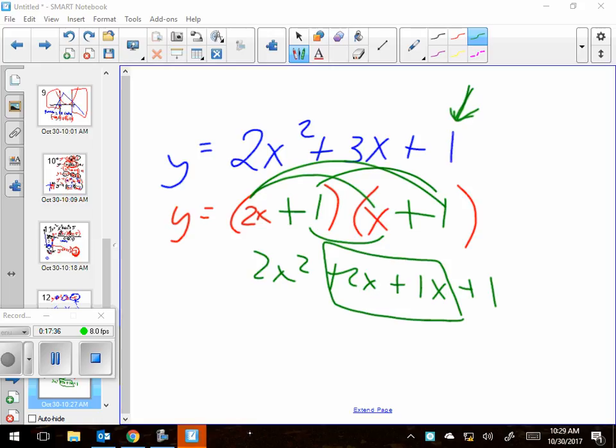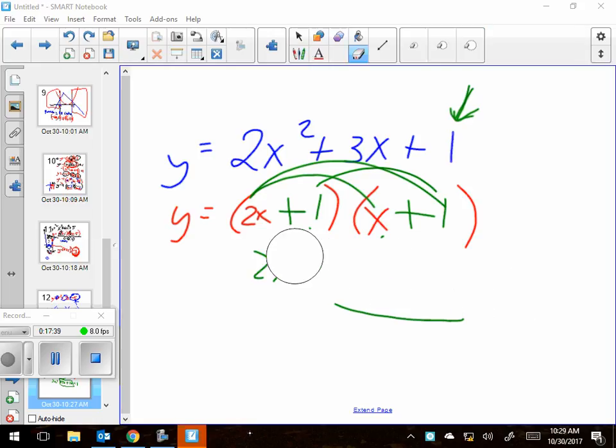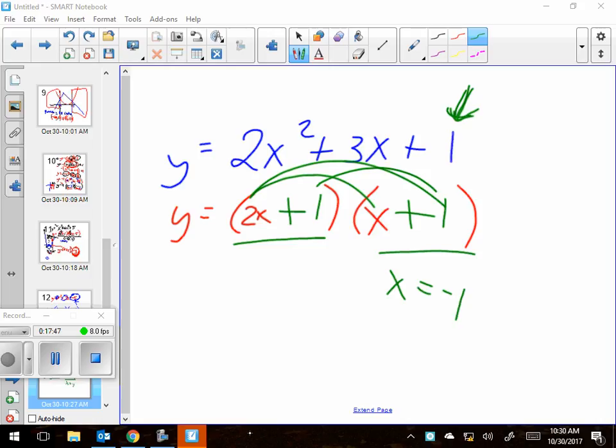And what's good about this form? Now I see something else I didn't know before. I knew what the y-intercept was before, but now I know the roots. X equals -1. And this one's a little tricky to do in your head. Don't just guess at it. A lot of people go, oh, I think it's 2 over 1. Or no, it's 1 over 2. No, wait, it's -1 over 2.